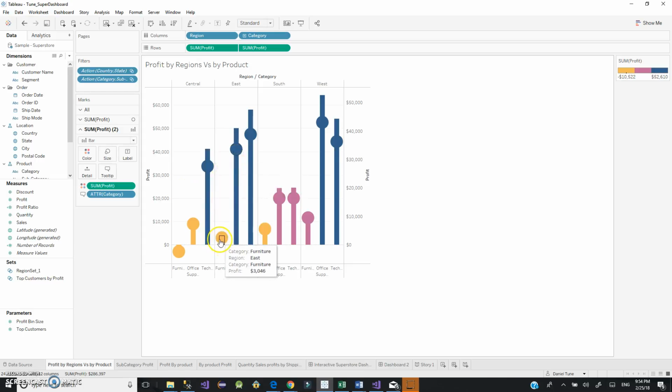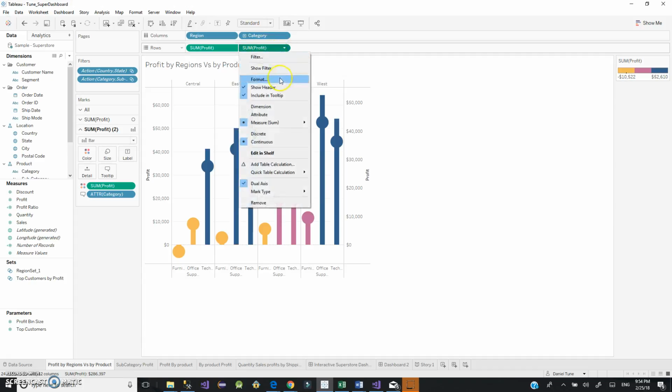Here is category. What I did is I took region and category and sum of profit, and I did profit twice. And then I just put it together in dual axis.